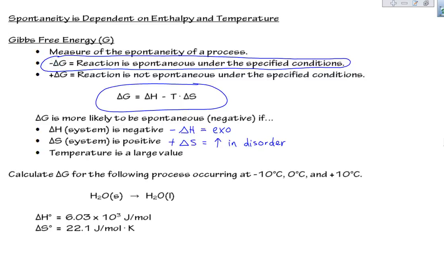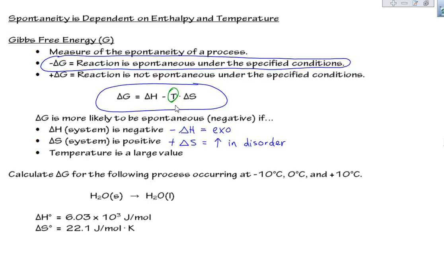We try to run this thing at high temperatures. If I have delta H minus a large value here, by keeping the temperature high, I should make sure that my delta G stays negative, and the reaction will run spontaneously. A positive delta G means the reaction is not spontaneous under the conditions specified. So we want negative delta G, meaning that the reaction is spontaneous.